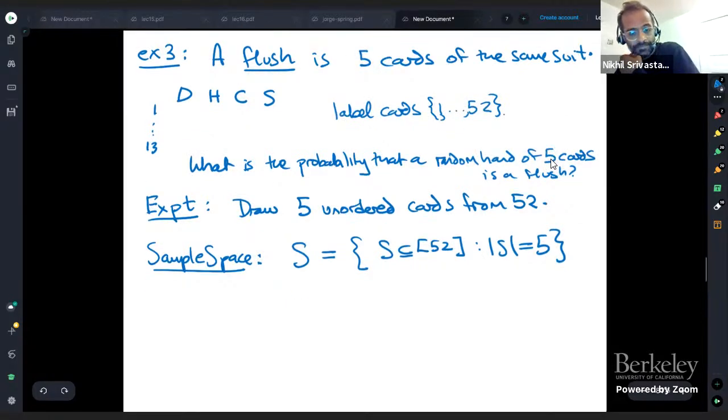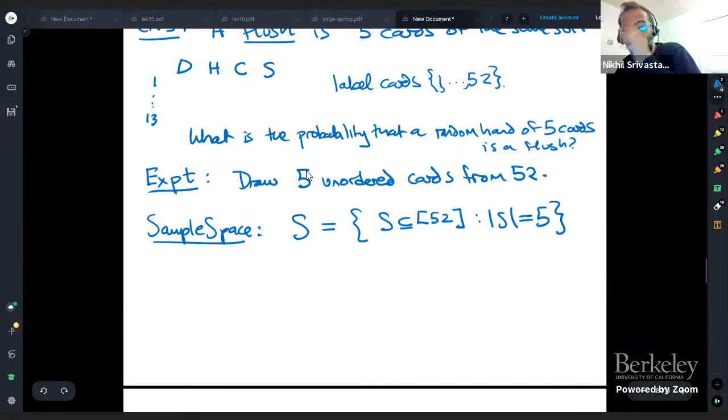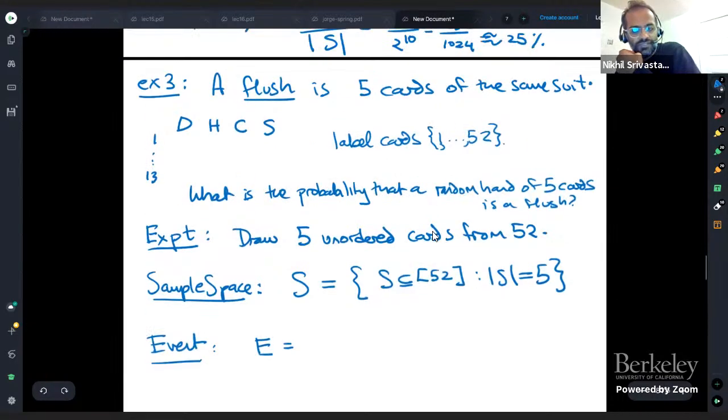That's all possible outcomes because I'm not recording the order in this case. Now what's the event E? It's a set of all hands that are flushes, right?